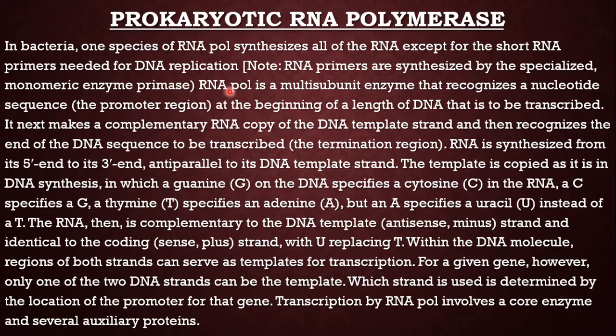Now RNA polymerase is a multi-subunit enzyme. That is, it has multiple subunits with a molecular weight of about 480 kilodaltons. And it usually recognizes the promoter region at the beginning of the DNA that is to be transcribed. So you see there, it has a subunit which will be responsible for the recognition of the promoter region.